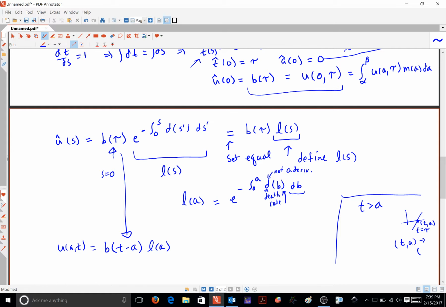So we're using the point ta, and we're going to mark that tau 0. Wait, do I have that right? Let me think about this a minute.